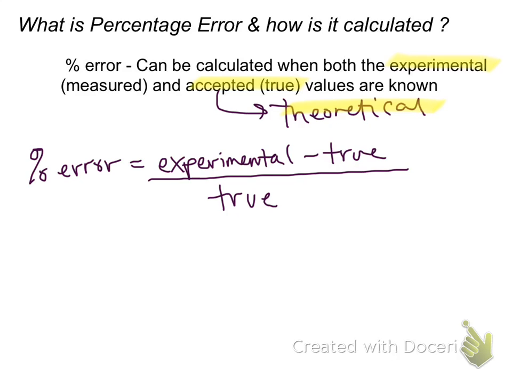And then we're going to multiply whatever we get for an answer there by 100 to get a percent. So experimental minus true divided by the true times 100.